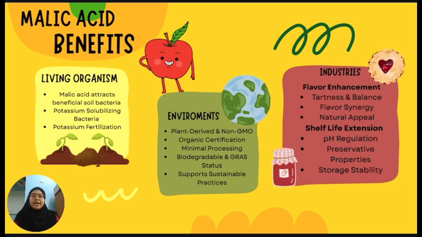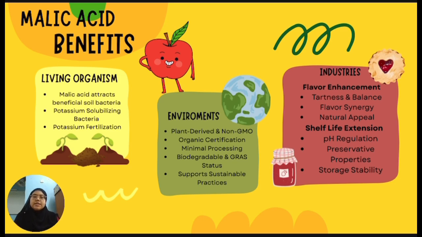Secondly, malic acid also benefits living organisms. Malic acid enhances the growth and activity of beneficial soil bacteria like Bacillus species, which create organic acids and enzymes. These bacteria dissolve potassium from mineral sources through acidification, enzymatic degradation, and chelation that will increase potassium supply near the roots.